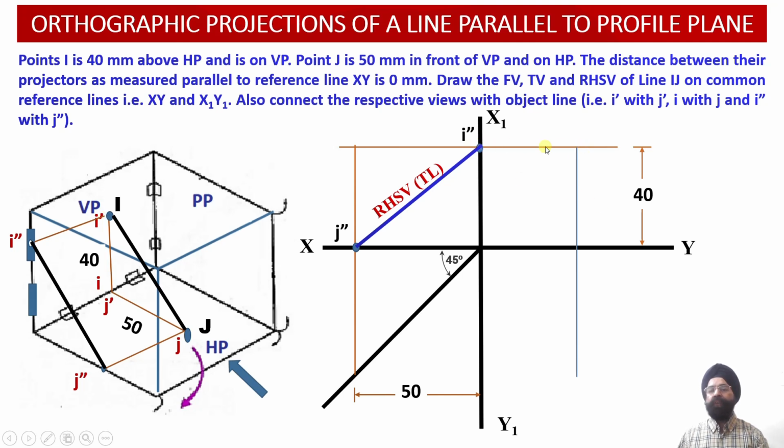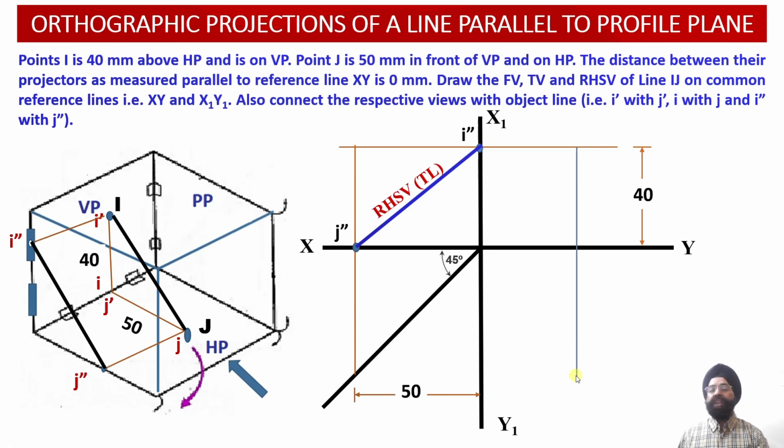Once we take this projector line over here in the front view and in the top view at an arbitrary distance from the vertical plane, we will be able to obtain the projections corresponding to I dash over here and J dash over here. So please check the projectors of I dash, J dash, I and J.